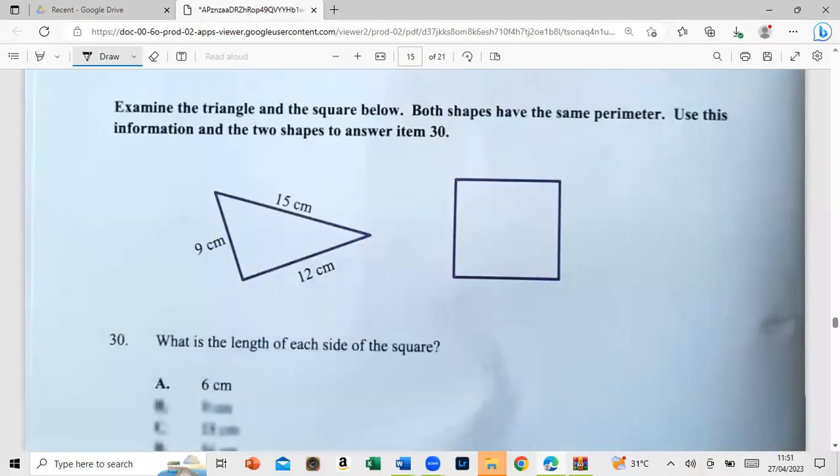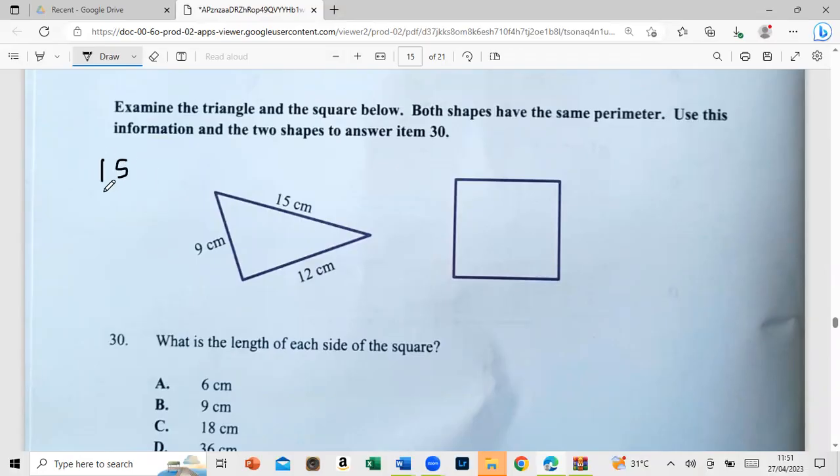Examine the triangle and the square below. Both shapes have the same perimeter. Use this information and the two shapes to answer: what is the length of each side? They say both of them have the same perimeter. Perimeter means the total distance around, so we have to add.